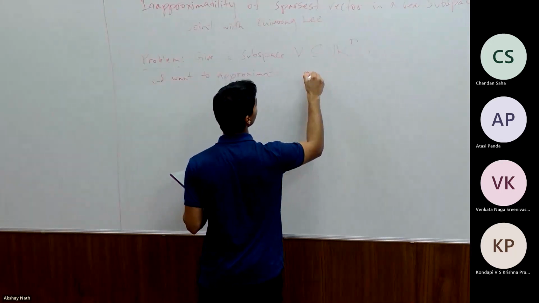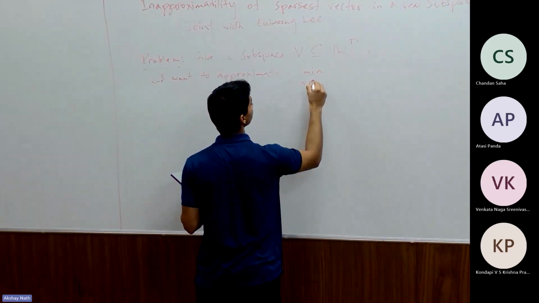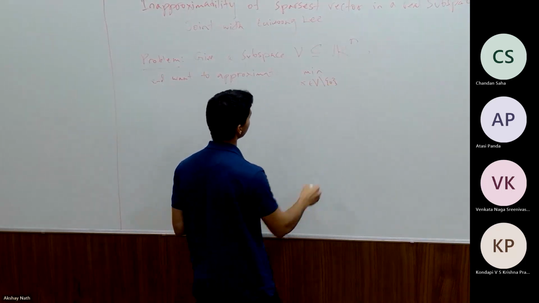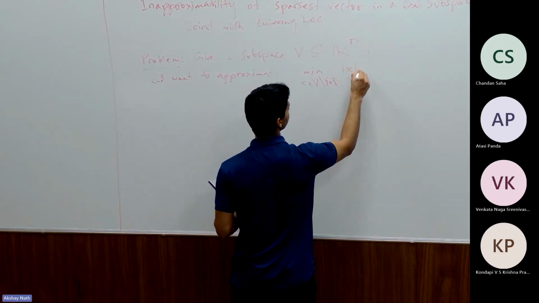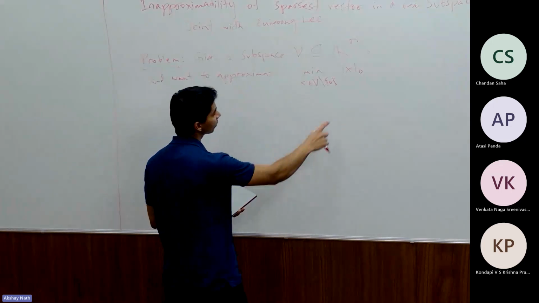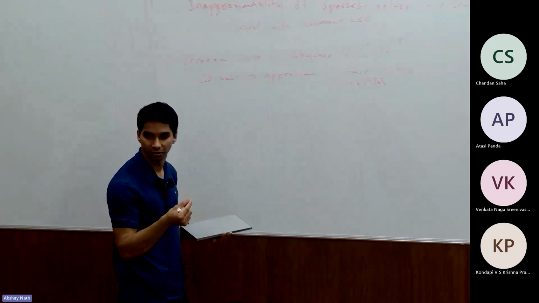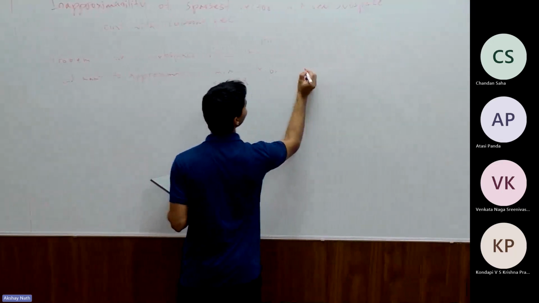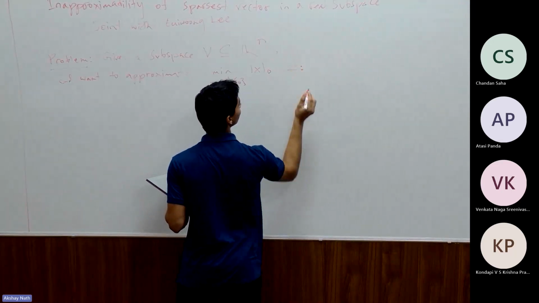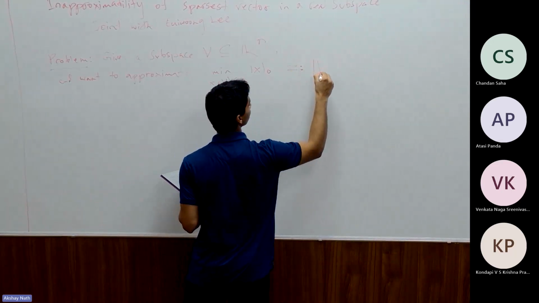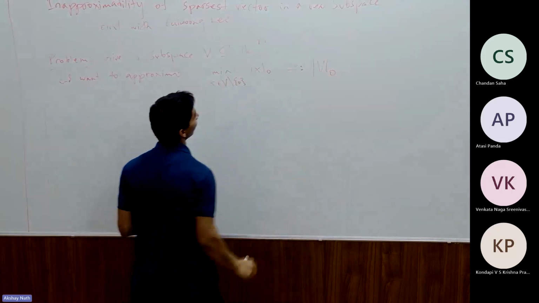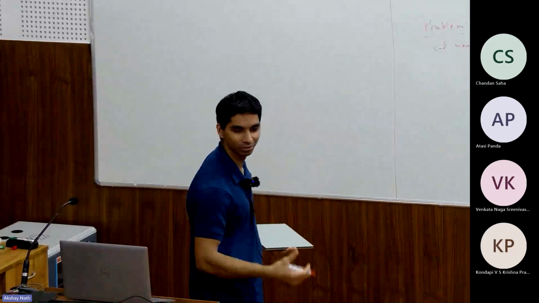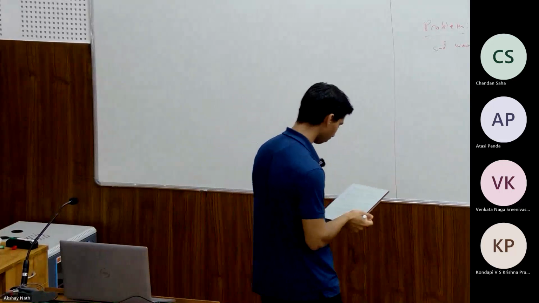So the minimum over x in V minus the origin of the sparsity of x. By this notation, I refer to the number of non-zero entries in x. Let's develop a little bit more notation. Let's call this the zero norm of this subspace V, even though it's not a norm.